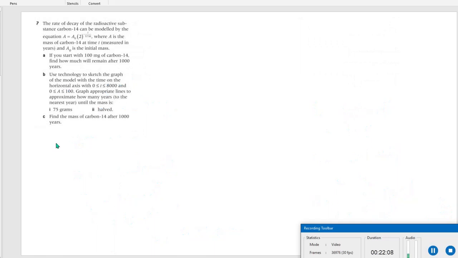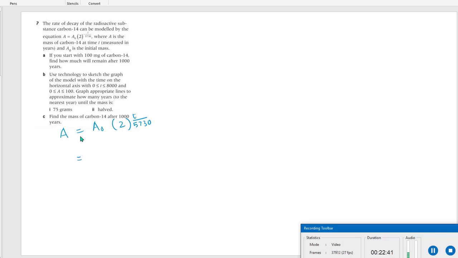In the same way we can do question number 7. We just have to put the values in the place of variables. If you start with 100 mg of carbon, find how much will remain after 1000 years. A is equal to A0 times 2 to the power t over 5730.